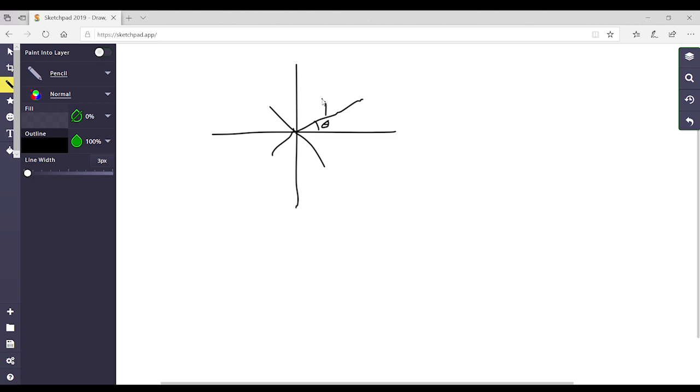But the important thing is, this line always has a length of 1, and you can draw it with any angle away. So it can be this angle, or it could be like this all the way around to here, and then it would look like this. Then it would have an angle of more than 270, right? That's theta, right?